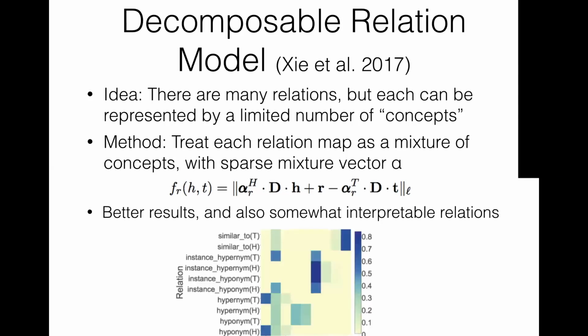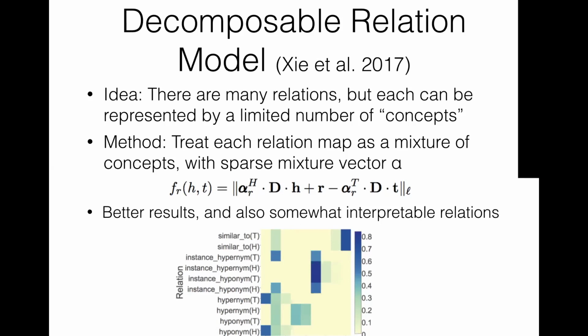With proper regularization, the Xie et al. authors found some interpretable phenomenon that is learned in concept to relationships. Some interesting things from this heat map that you can see are on the four bottom rows. You see hypernym of tail and hyponym of head. The bottommost one and the fourth from the bottom have pretty much the same heat map of attention of what concepts are used.